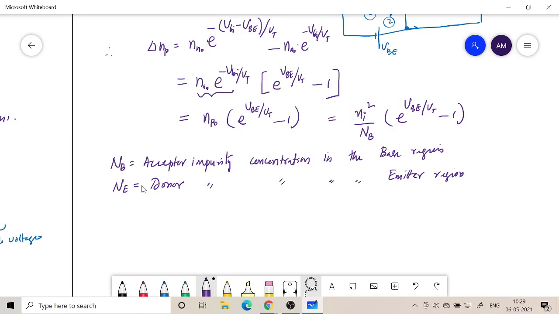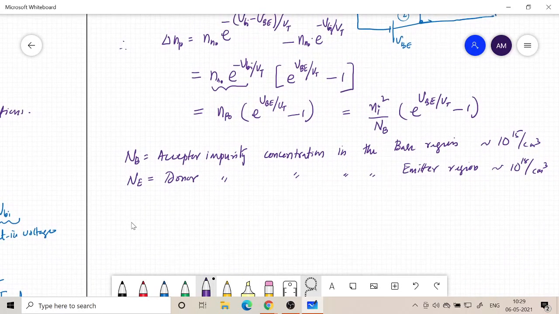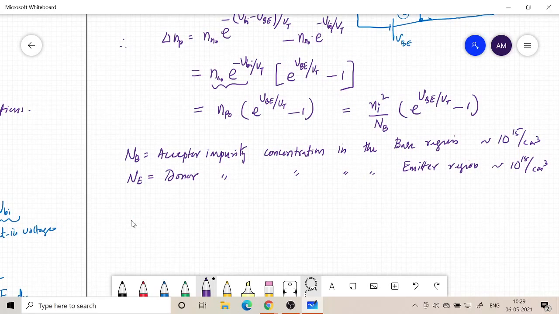So this is around 10 raised to 15 per centimeter cube, and this is around 10 raised to 18 per centimeter cube for making the transistor better. Those are the values that we will take. And the collector is something like 10 raised to 16 per centimeter cube. Okay, it is moderately doped. Base is lightly doped and emitter is heavily doped.